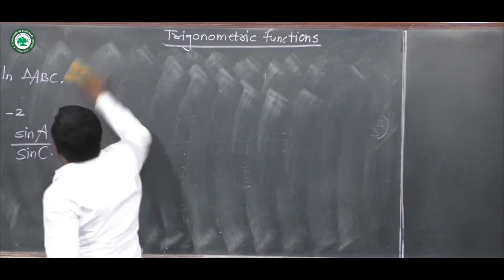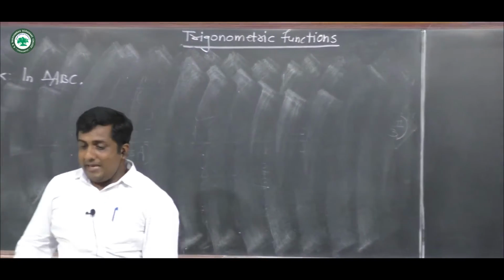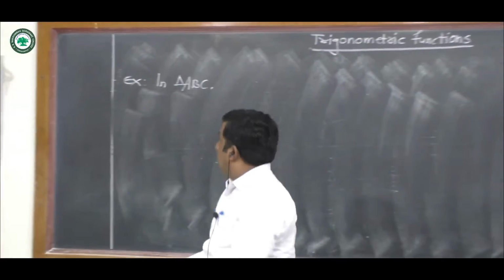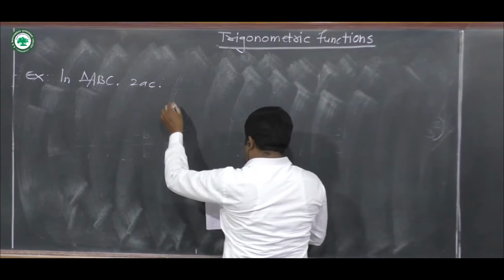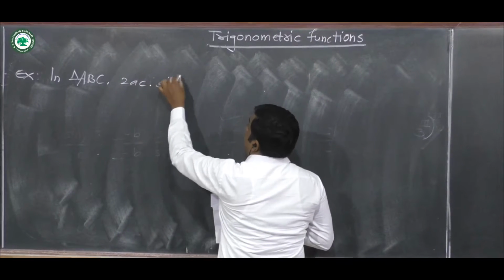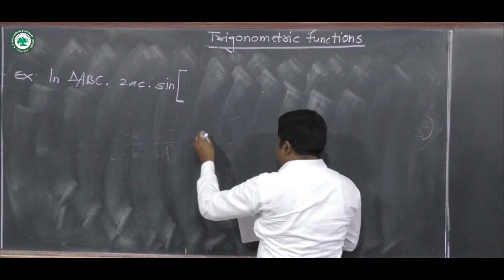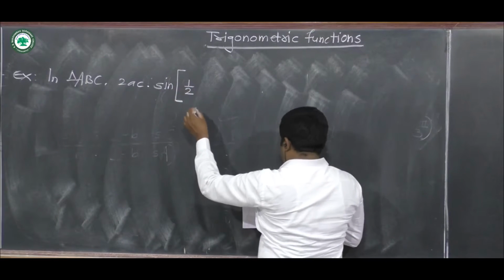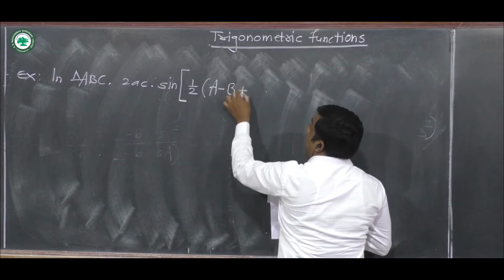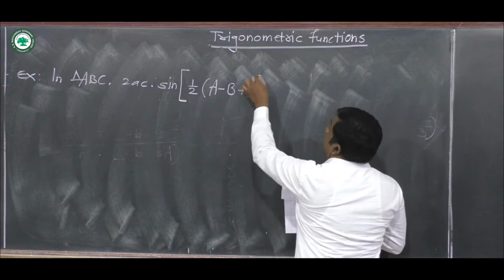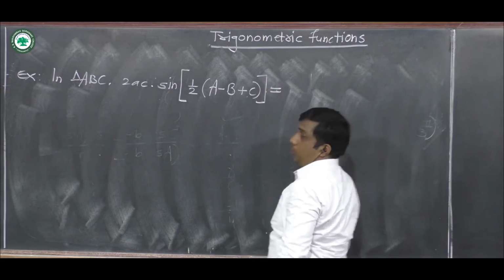In the next example, given in triangle ABC, 2AC into sine of, inside the bracket, 1 upon 2 into (A minus B plus C), this bracket complete, is equal to.